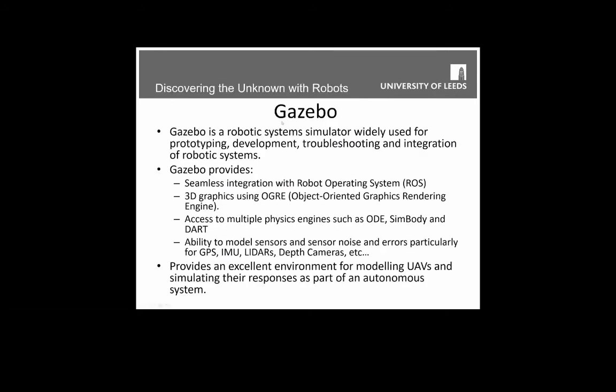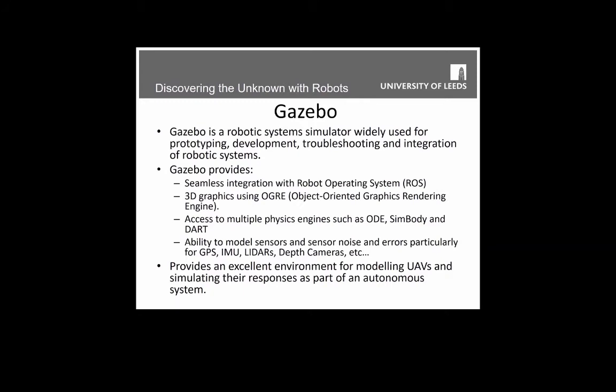Also, one of the things we do quite a lot of is a thing called Gazebo. It's used quite widely in robotics. It's an open access type of simulation, and you can put stuff in it. You can do some nice things with GPS, IMUs, and other things like that to simulate things. I guess it's quite good if you're looking for autonomy simulation.